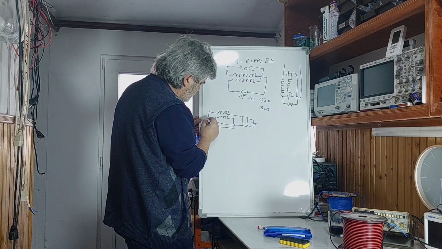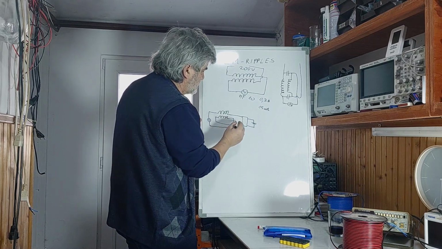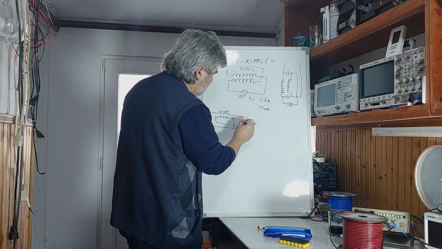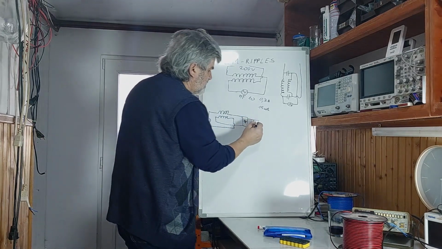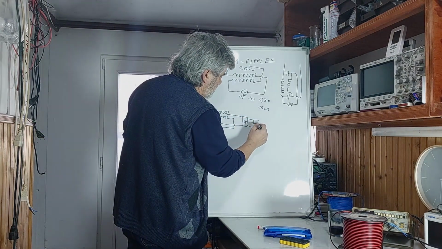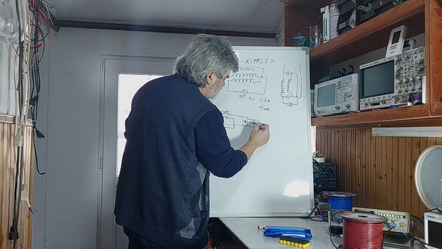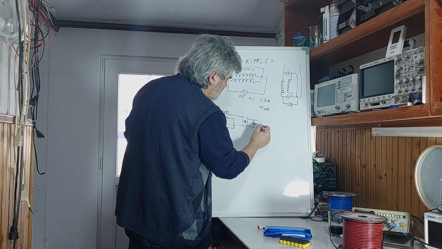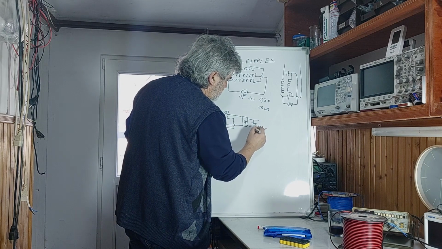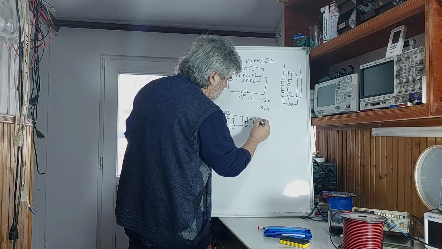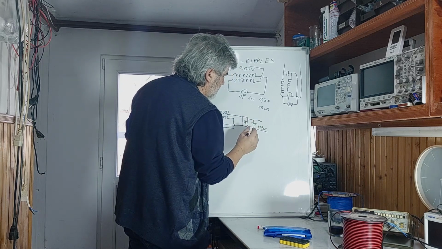So it is source, then bridge rectifier, and then I'm charging this, about a 470 microfarad capacitor. Then I put a small spark gap.